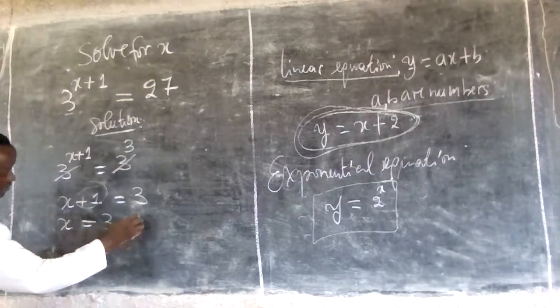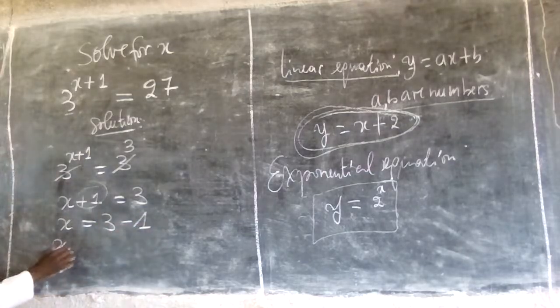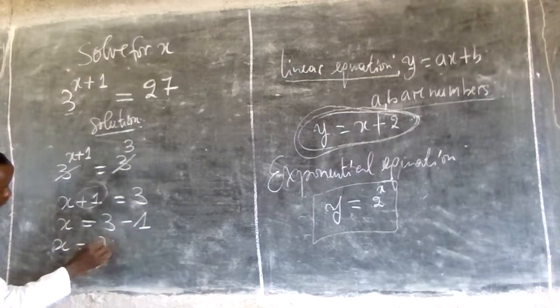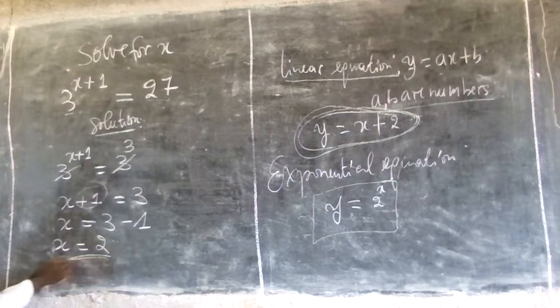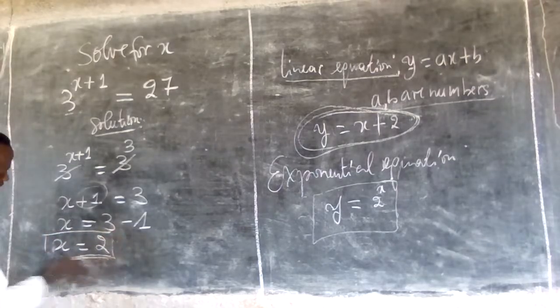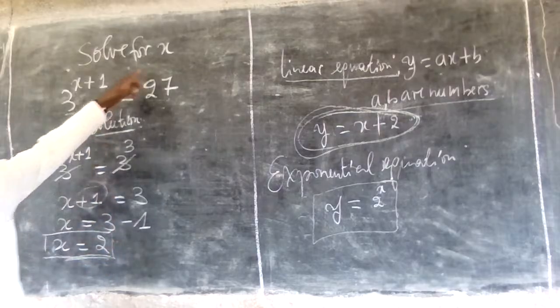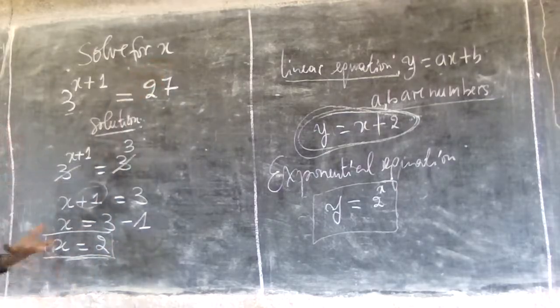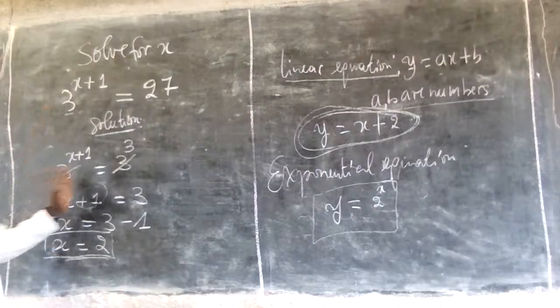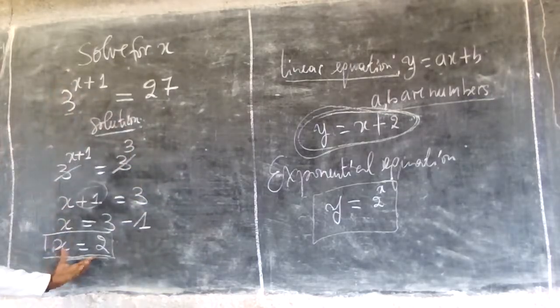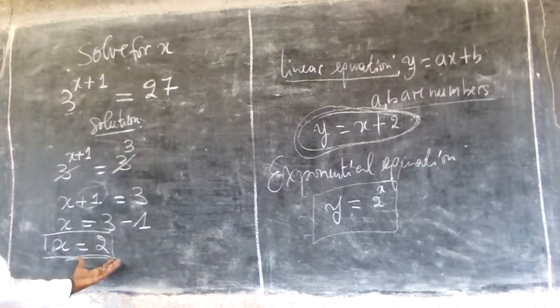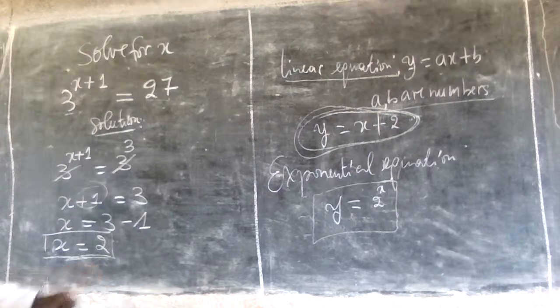Now minus 1. x will be equal to 2. You see, this is the value of x that you were asked to find. Yes, this is how to solve an exponential equation. I think that at the end, everyone has seen how to solve an exponential equation.